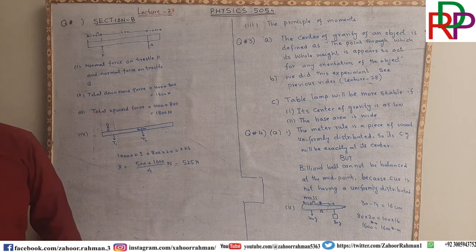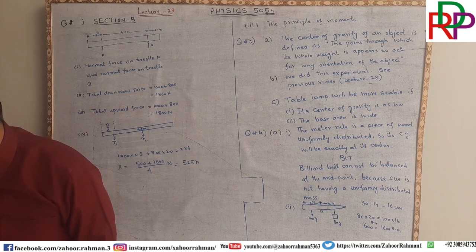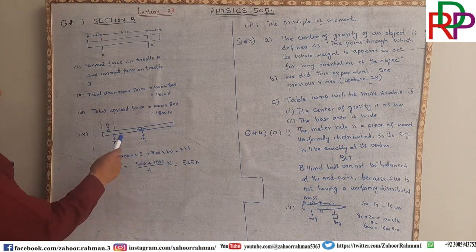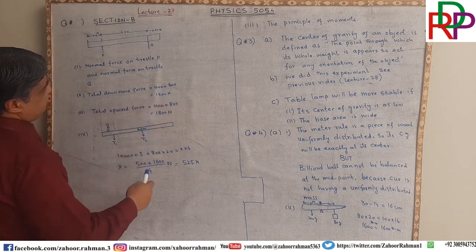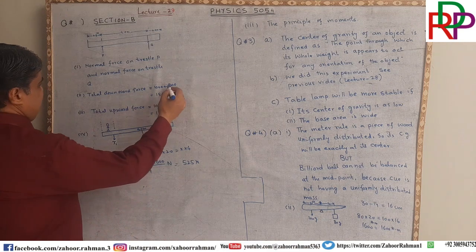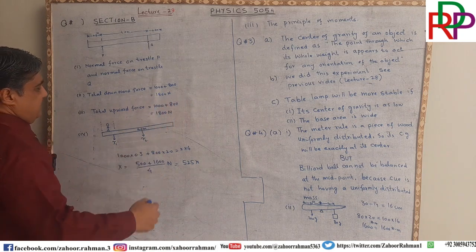Okay, the second part is saying: what is the magnitude of the total downward force exerted on the trestles. So the total downward force is equal to 1000, which is the weight of the painter, and 800, which is the weight of the plank. So it is 1800 Newton.